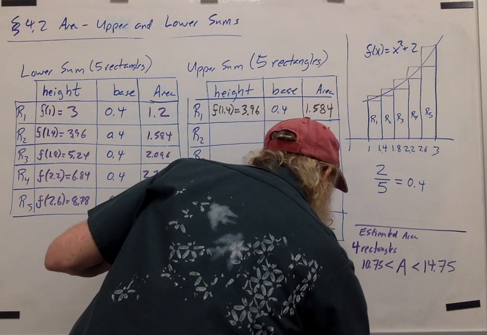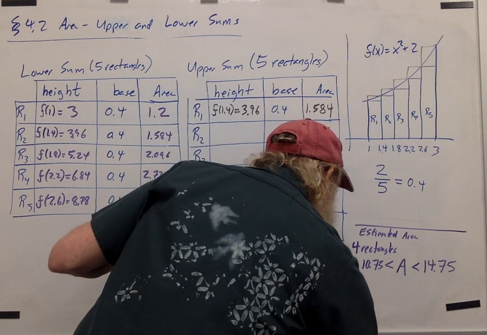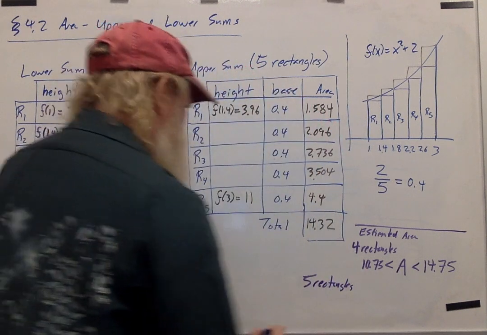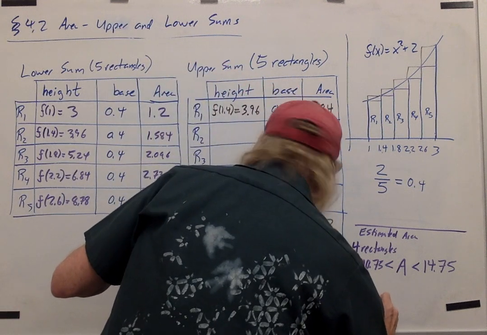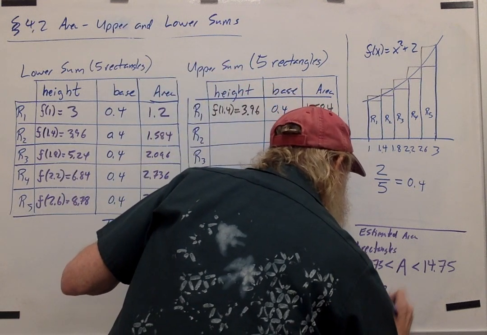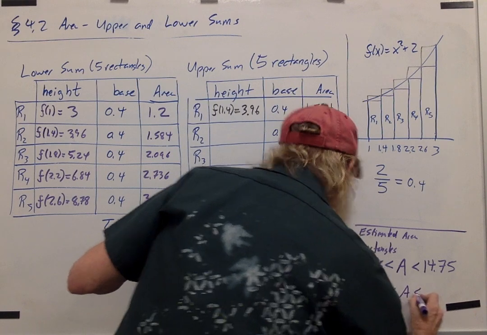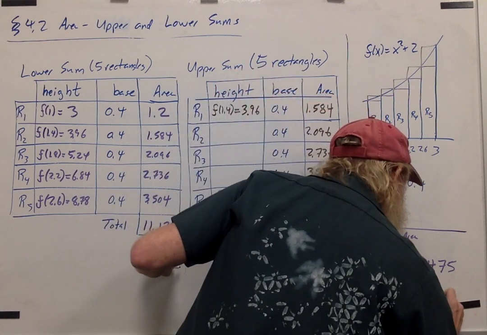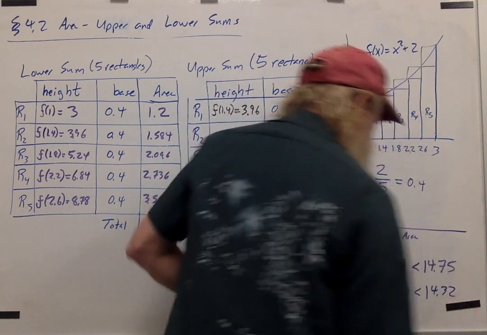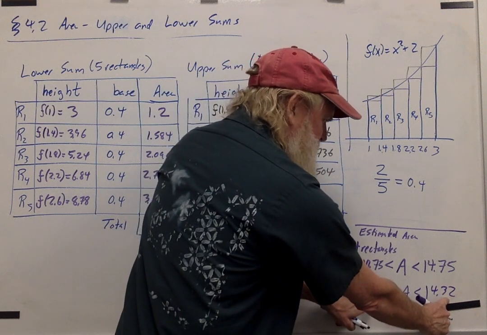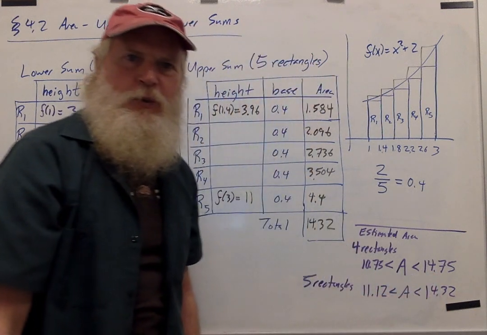So for 5 rectangles, we get a better estimate of between 11.12 and 14.32. You can see that this new interval is narrower than the old one.